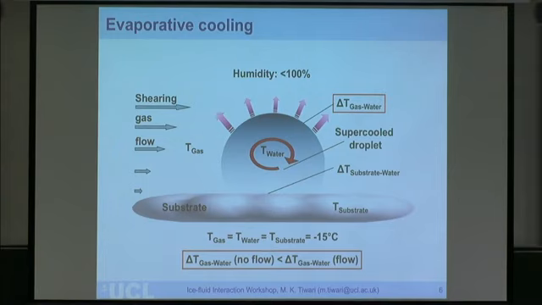Even though the temperature everywhere is attempted to be controlled at -15 or whatever it is, the humidity outside is low, so this droplet is evaporating. We feel colder when we sweat, that sort of effect. So the droplet temperature at the top gets ever so slightly lower than everywhere else, and so homogeneous nucleation becomes more probable.